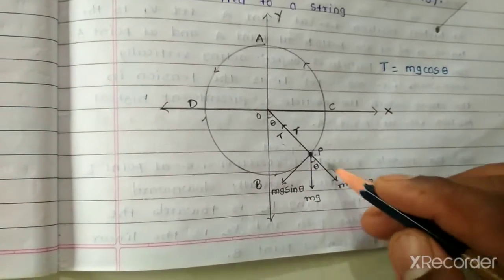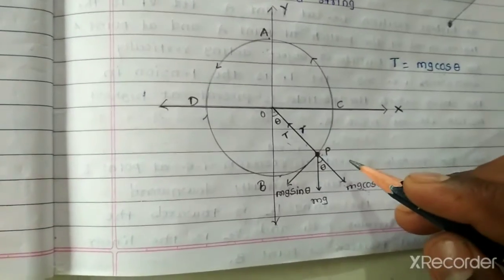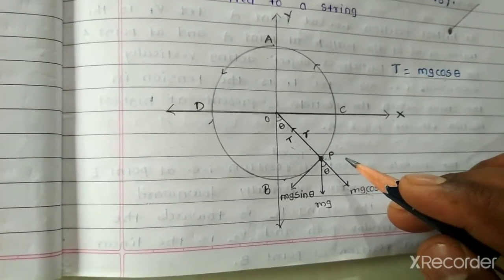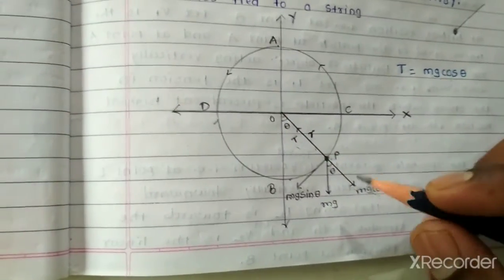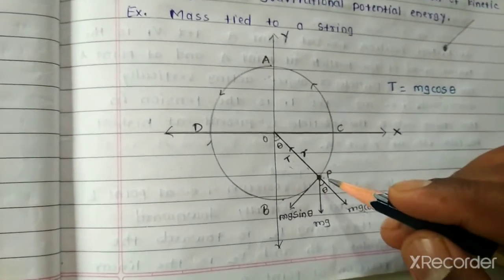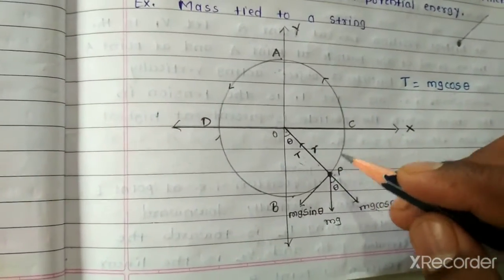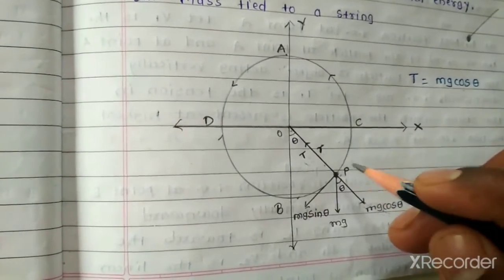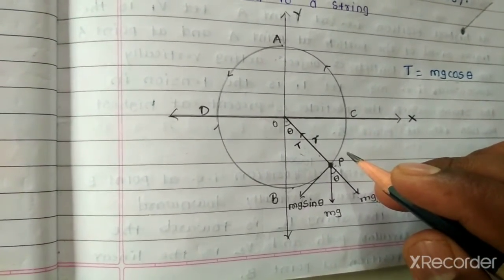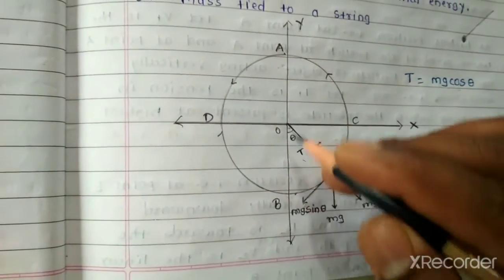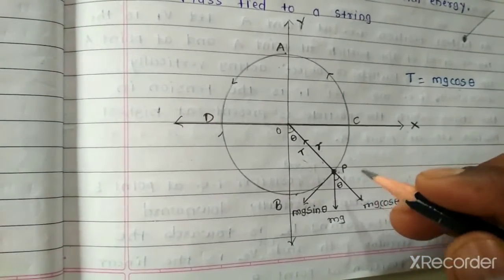But the particle P is performing vertical circular motion, and we know that for any kind of circular motion, centripetal force is a must, as we already discussed in the earlier period. So the required centripetal force for the motion of the particle along the circumference of the circle is given by the resultant of these forces.